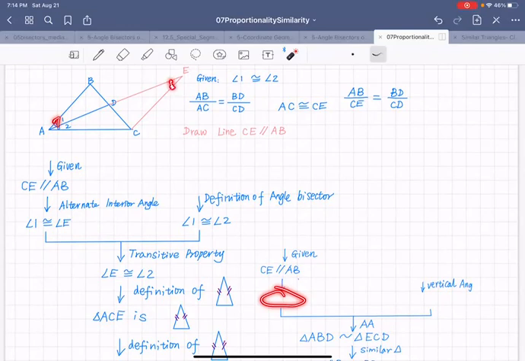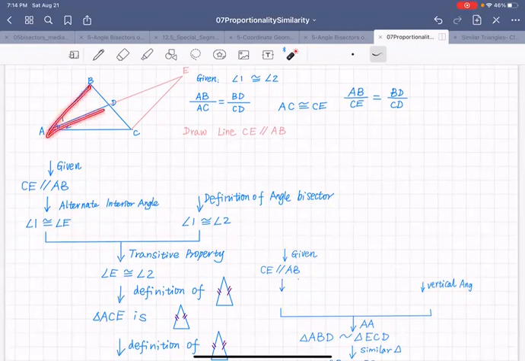Because they're alternate interior angles. And then do these two angles equal? Yes. Vertical angles. So this angle equals this angle, correct? Yeah.